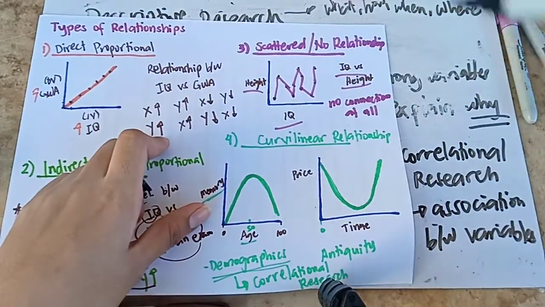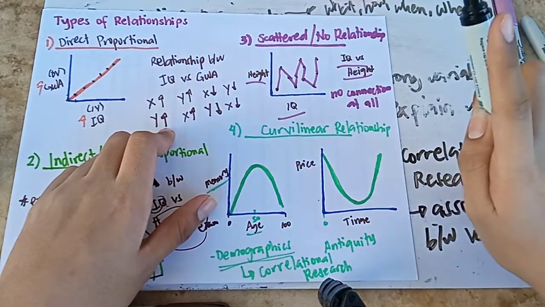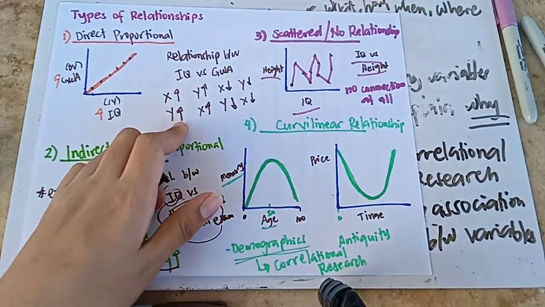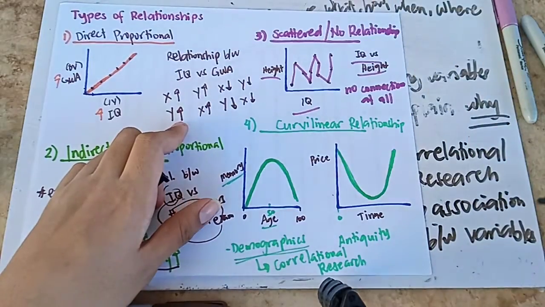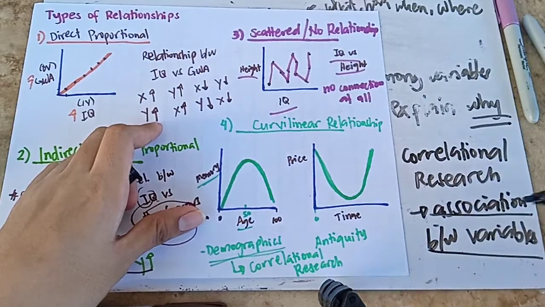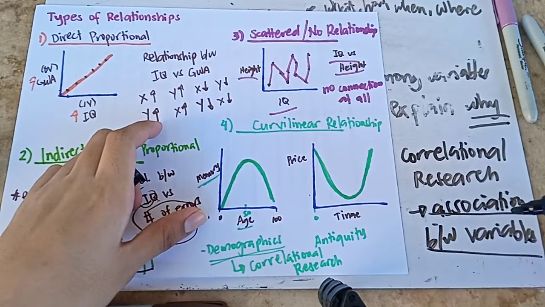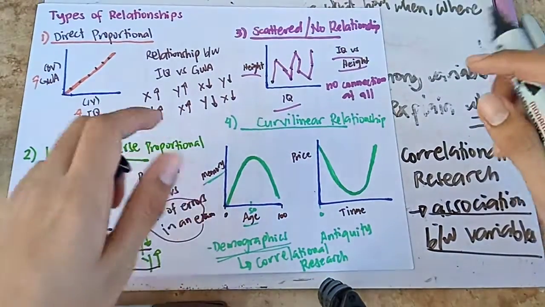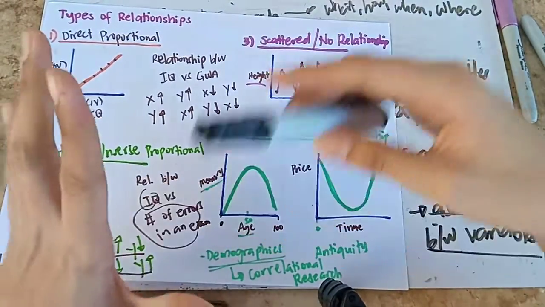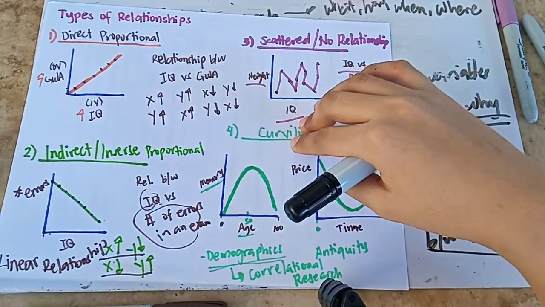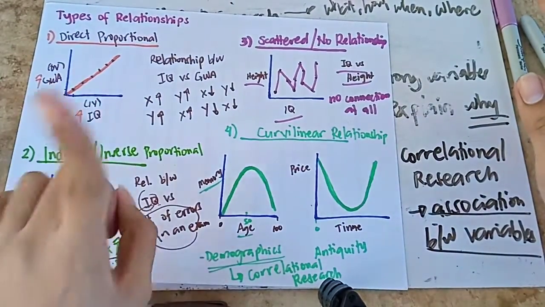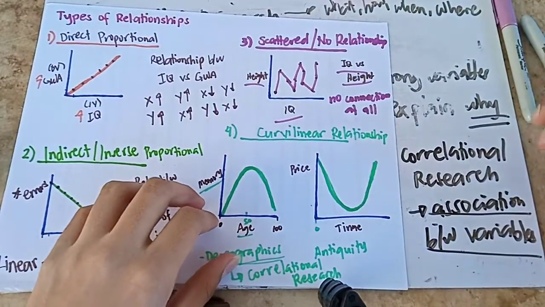Whereas in descriptive research, we just identify or describe the type of relationship. However, we do not associate one variable to another. That is the main difference between descriptive and correlational research. In descriptive research, it only states if there is an existing relationship between the two variables.